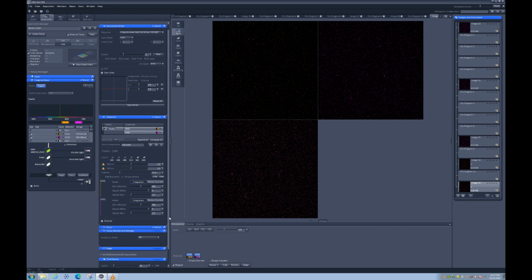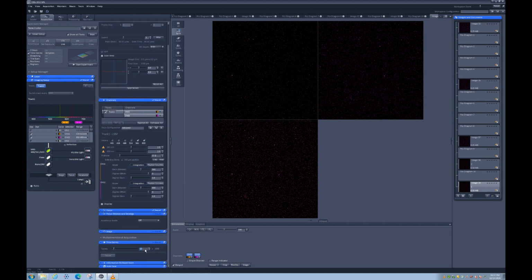And we will do 1000 cycles times 1000 points, so we'll have 1 million points over here. So I would increase also here a little bit the master gain, and we start the experiment.